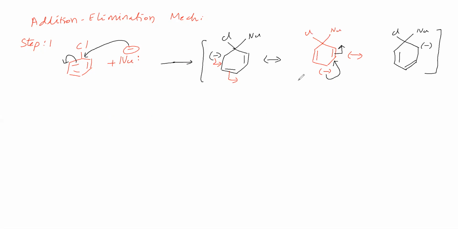Next step: here Cl, here the nucleophile. Now the pi bonding electron cloud is distributed here, and a negative charge is present. Now Cl minus is leaving.